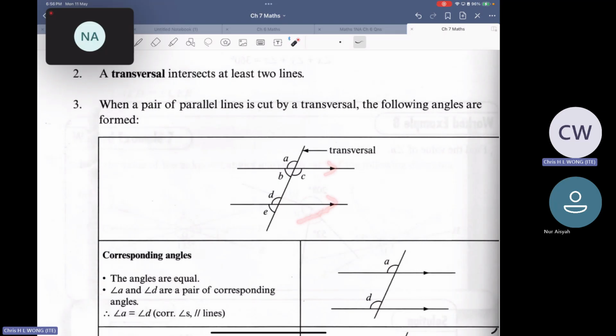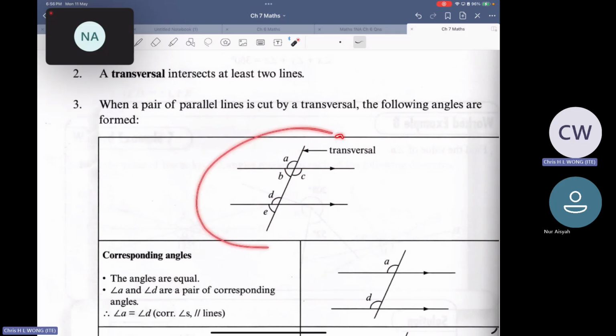If I have two parallel lines and I use one line to cut across, this line is called the transversal. In the exam, just in case they ask you to draw parallel lines and a line that cuts across, draw a transversal.